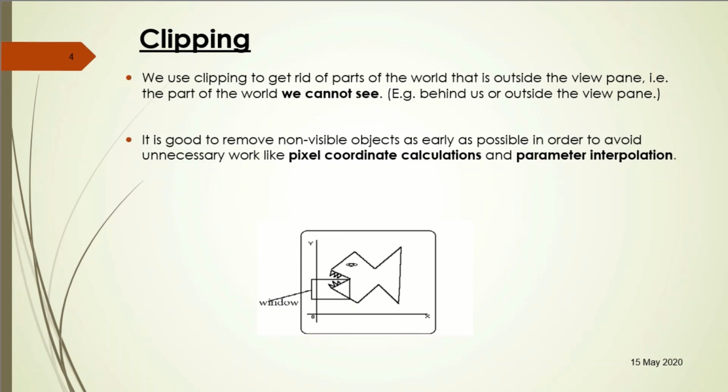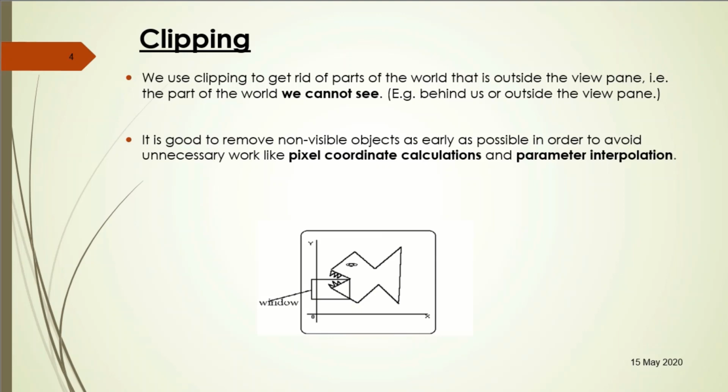And why do we need clipping? Why do we need to perform this clipping process? Generally, it is used to get rid of the part of the world that is outside our view pane, for example, the part of the world that we as a user cannot see, such as the graphics or pictures that are behind us or outside of the view pane.